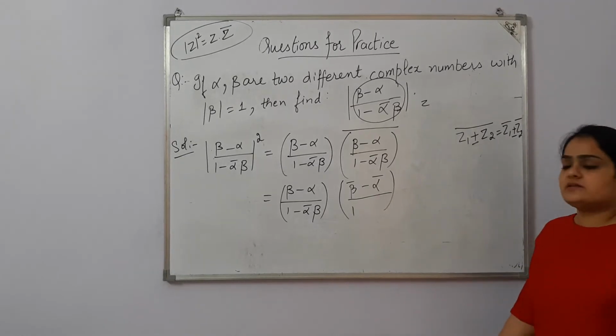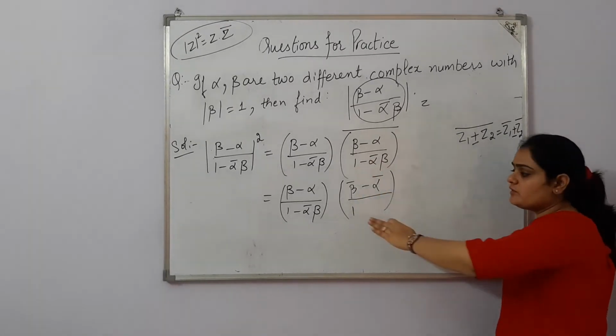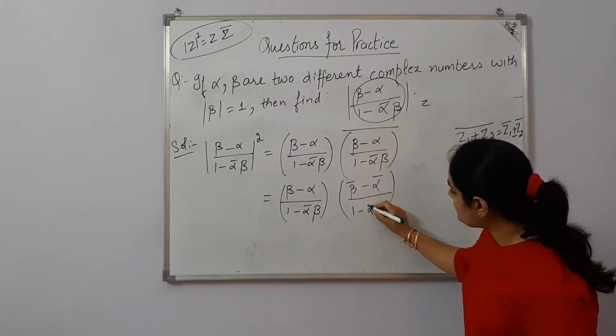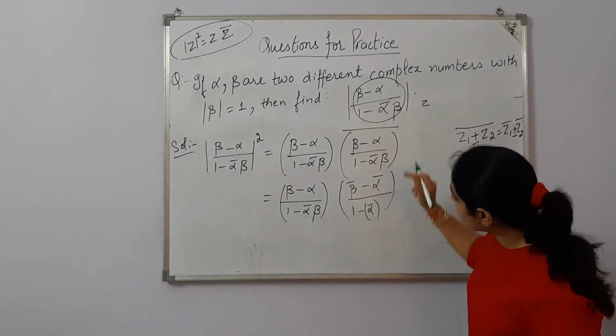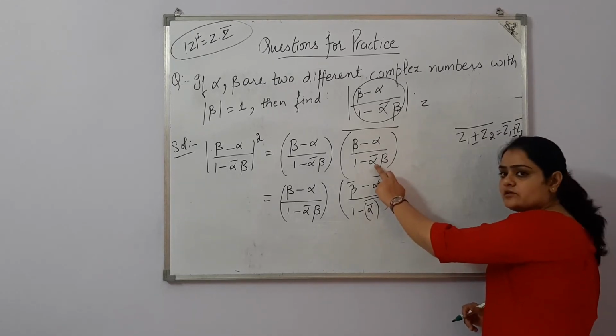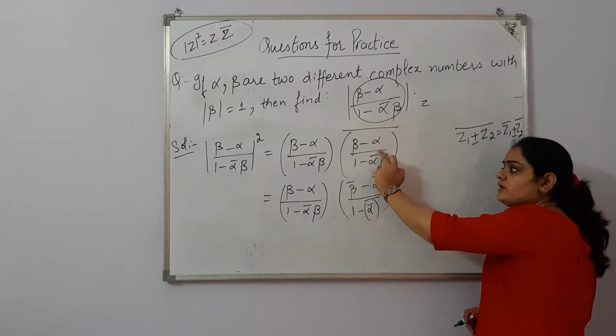1 is a real number, not a complex number, so its conjugate is not needed; 1 remains 1. Minus, alpha conjugate was present, so we need its conjugate again. Alpha conjugate was there, so we need the conjugate of alpha conjugate.